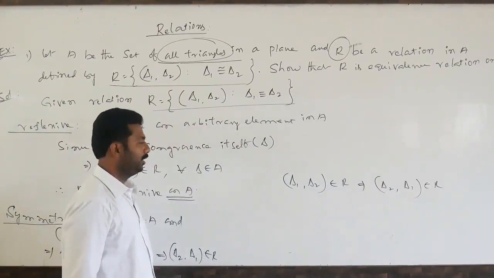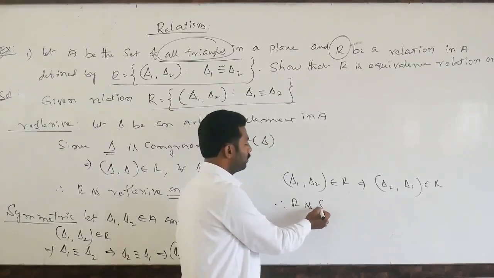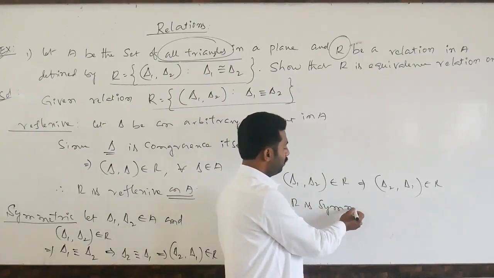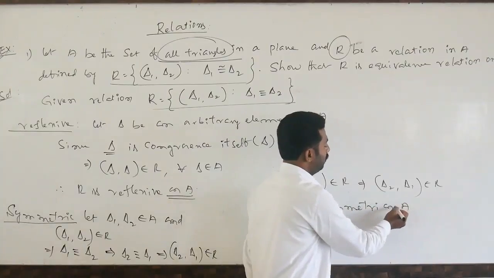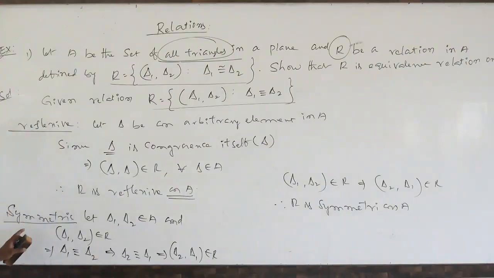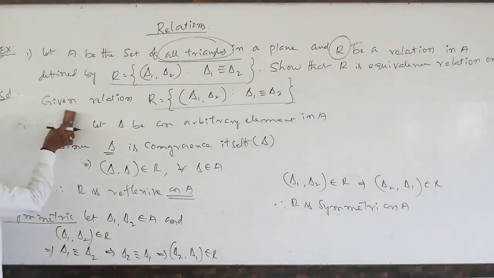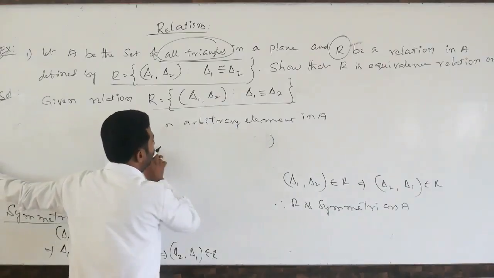Therefore, capital R is symmetric on capital A. So capital R is reflexive and symmetric. Now we have to verify whether it is transitive or not.